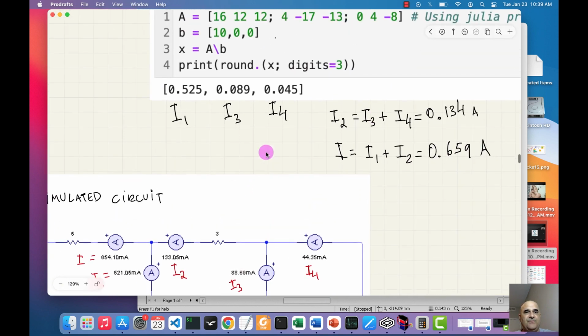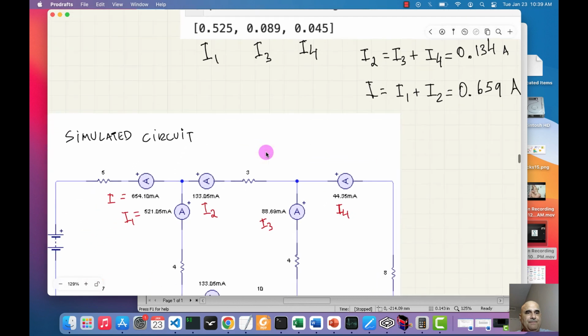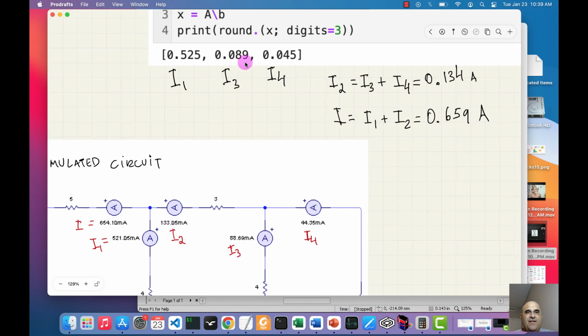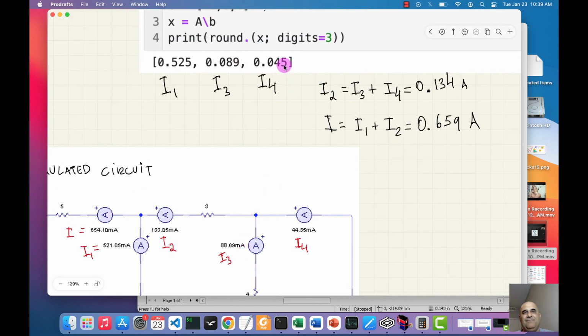I2 is 0.134, which is close. The value here in milliampere. This is approximately 89 milliampere. Look, we have over here something very close. And 45 milliampere for the I4.